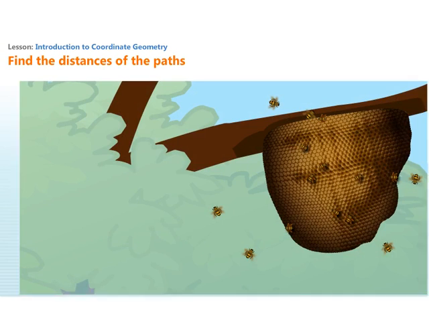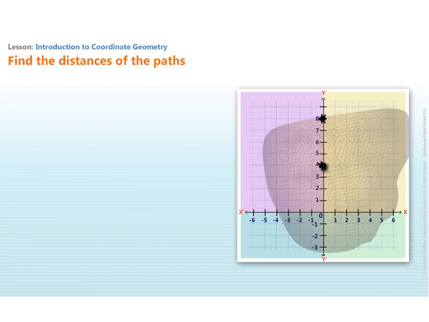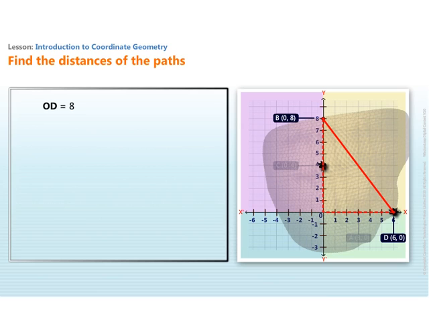Suppose the bees have moved from one position to another. Lee has moved from point B, 0, 8 to D, 6, 0. Similarly, the path traced by the second bee is along BD, where OD is equal to 8 units and OB is equal to 6 units, and OBD is a right-angled triangle.